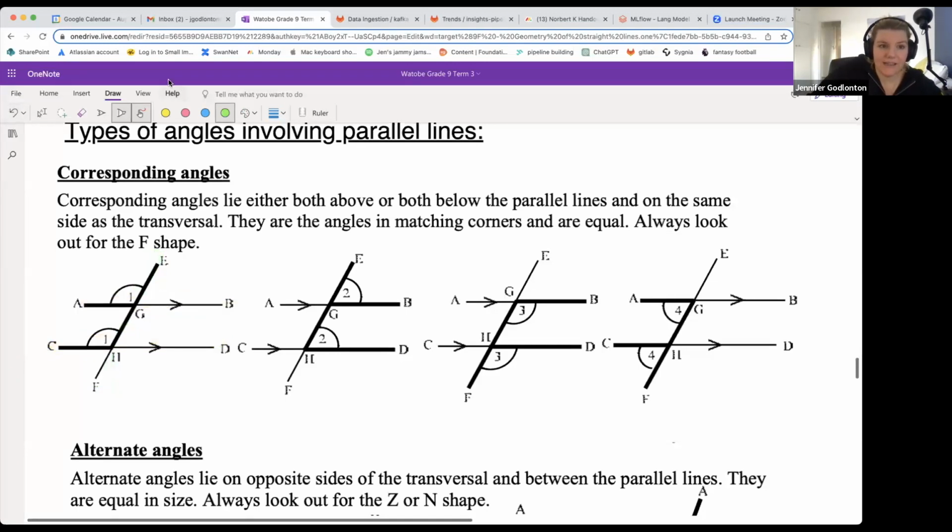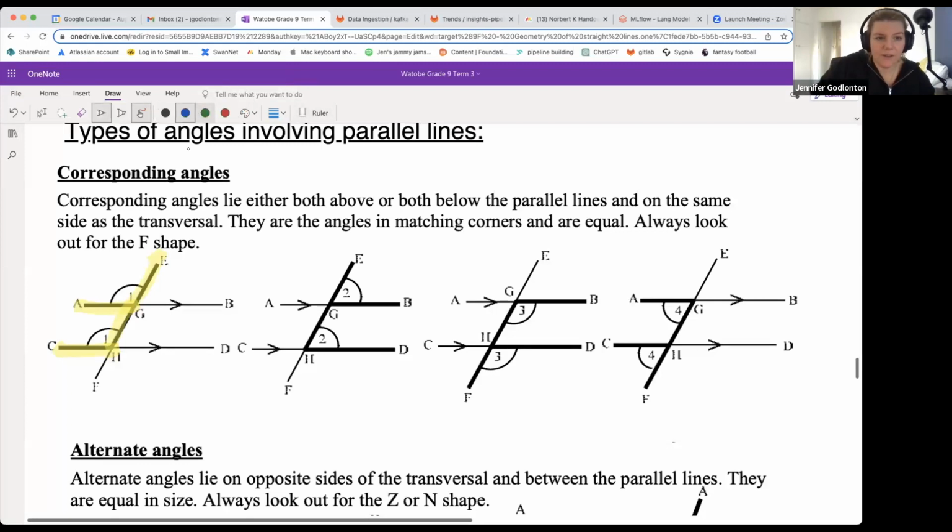Now, if we can create the shape of an F, left, right, upside down, or right, left, front, I'm going to show you what that looks like. We've got one parallel line, and then our transversal. Do you see how that's an F that's upside down? Then we know it's corresponding angles.